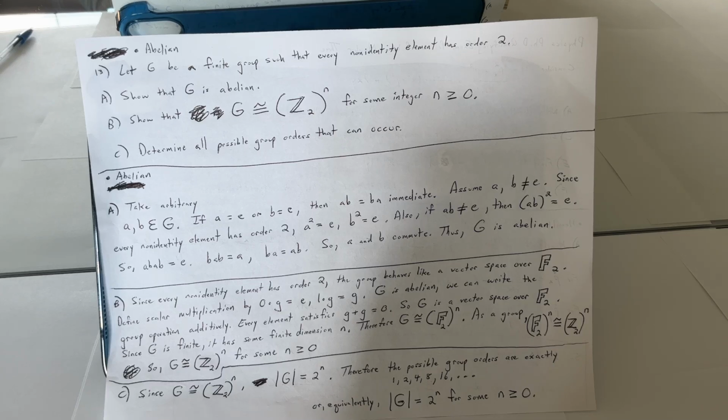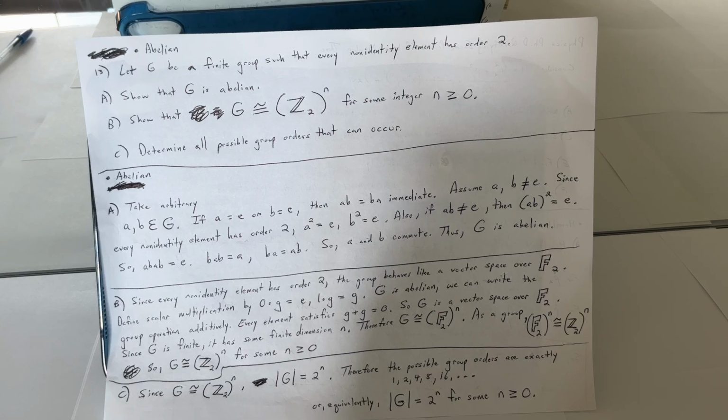So G is a vector space over F2, and since G is finite, it has some finite dimension n. So as a group, F2 to the n is isomorphic to Z2 to the n, so G is isomorphic to Z2 to the n for some n greater than or equal to 0.